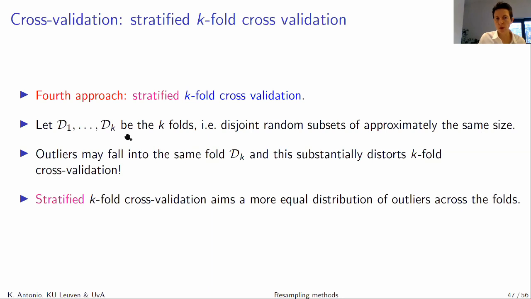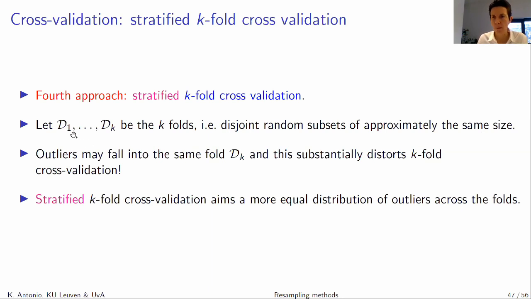then, of course, because you do this randomly, it could happen that outliers fall into the same fold, and that this substantially distorts the k-fold cross-validation. So think about your claim frequency example with the MTPL data that we discussed up to now.